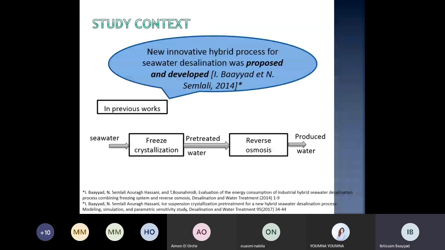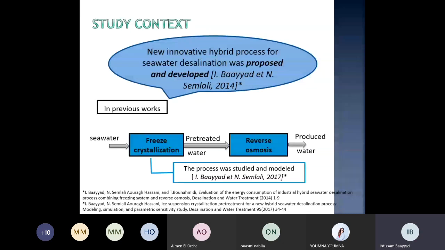However, the freeze crystallization method is never commercialized for desalination, and in the literature we find just a few studies in this field. Therefore, we have presented in previous work a modeling study of the ice crystallization process from seawater.